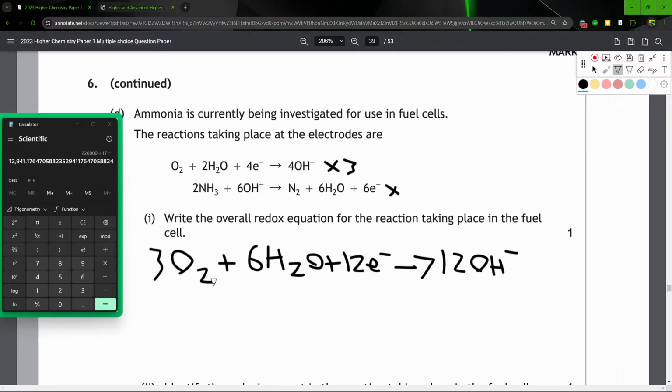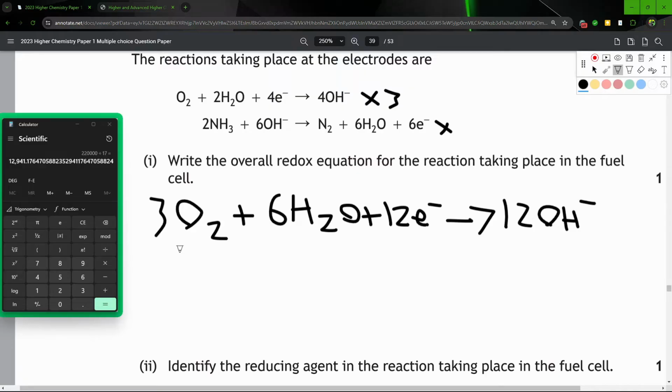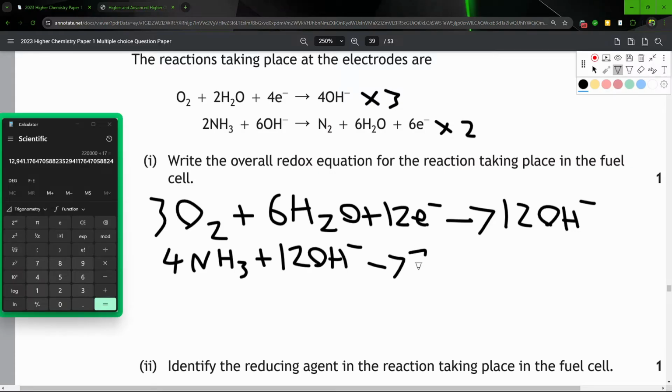I'm going to have to write a bit smaller, aren't I? Cool. Now we can start getting rid of stuff we don't want.